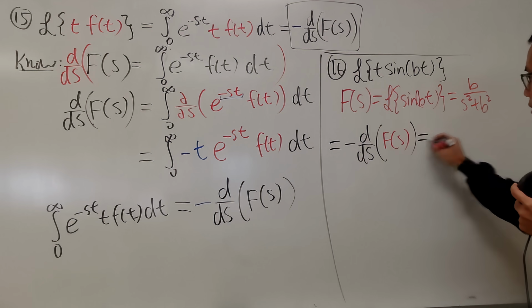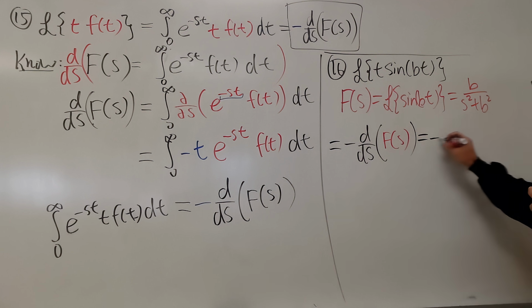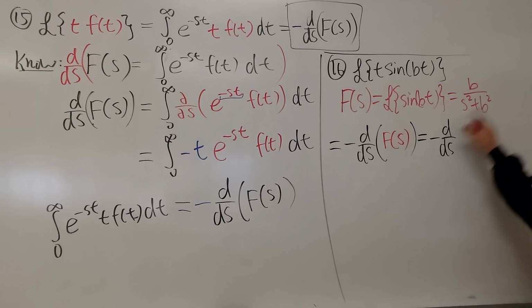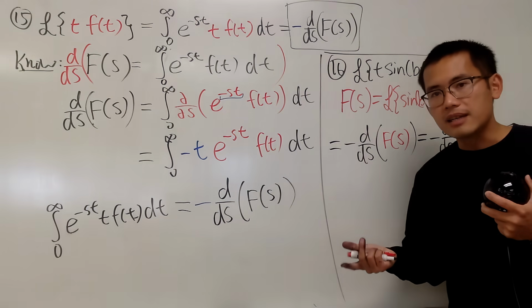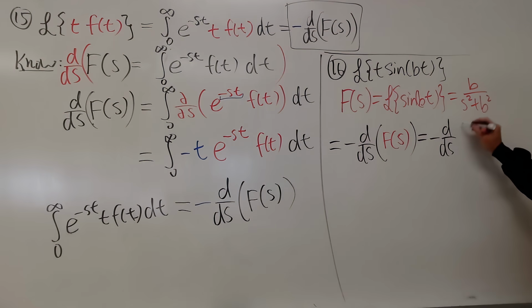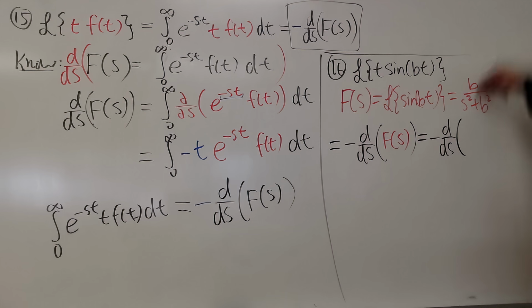Yeah, and of course, this is the same as saying negative differentiating f of s, which is that. Remember b is a constant, s is the variable. We can write this as the following, with a negative 1 exponent, the calculus stuff, right?